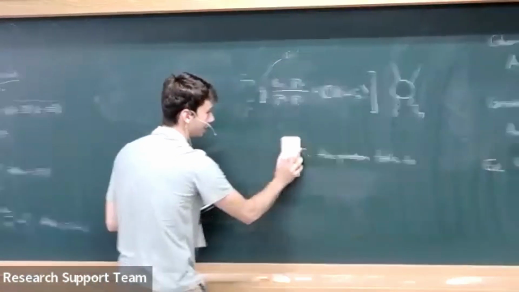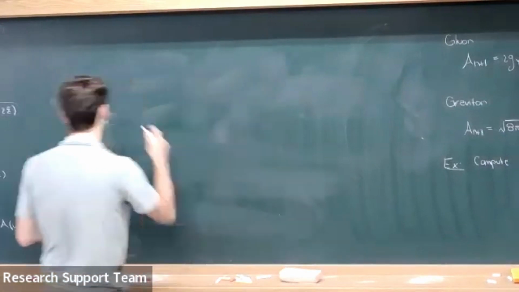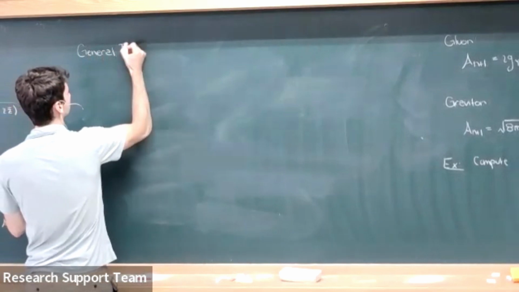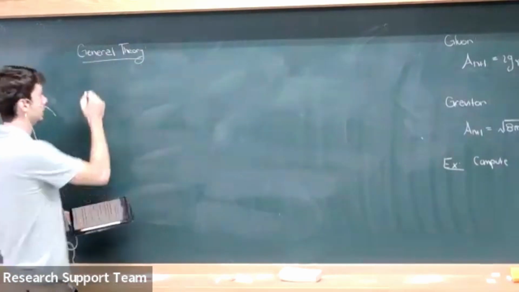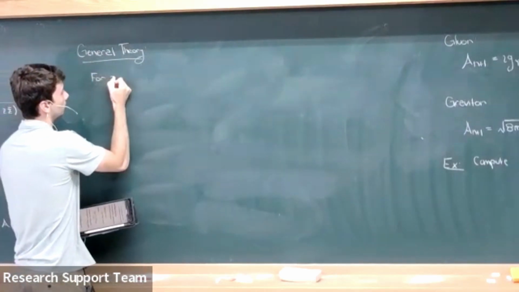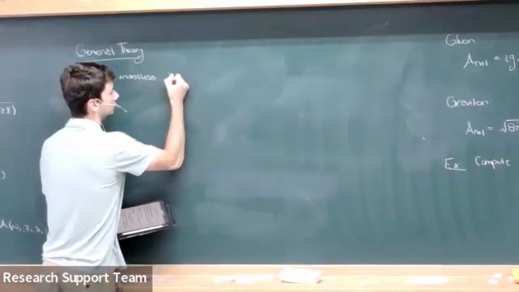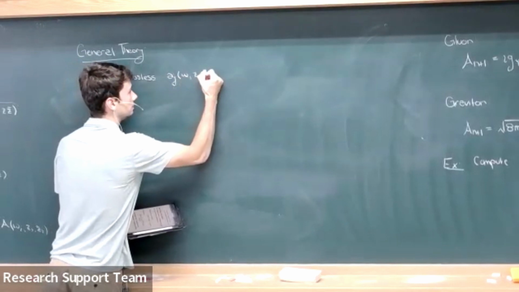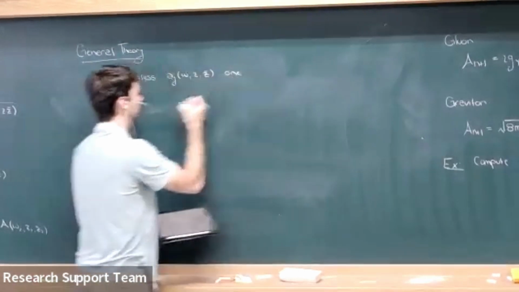Next up, I want to characterize maybe what I'll call some general theory of soft theorems, which aren't specific to gauge theory and gravity. So for a massless particle j, whose annihilation operator in momentum space is something like this, one may associate a soft theorem to it.